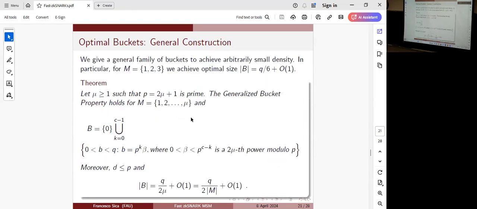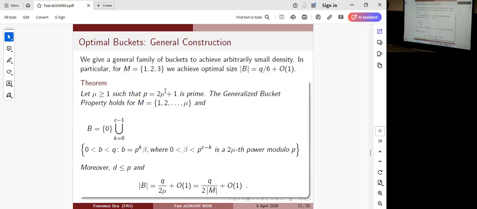So with the generalization of the idea that we had before, before we basically had mu equal 1. That was a square modulo P. But in this case, mu can be something else.